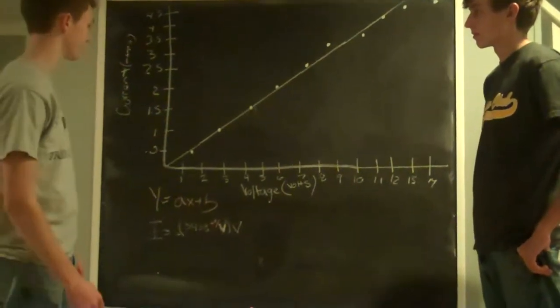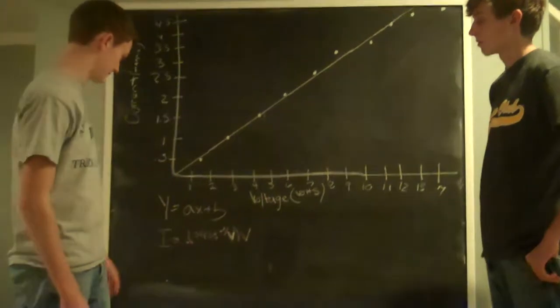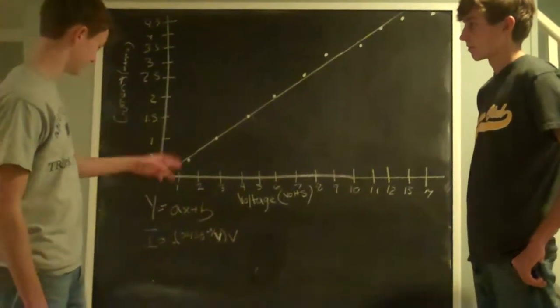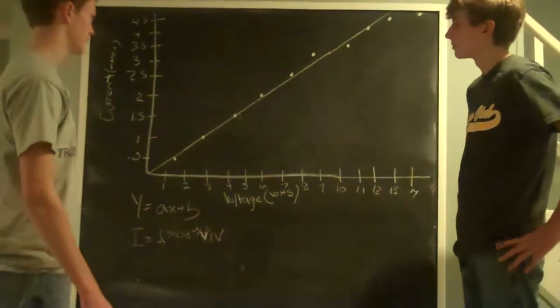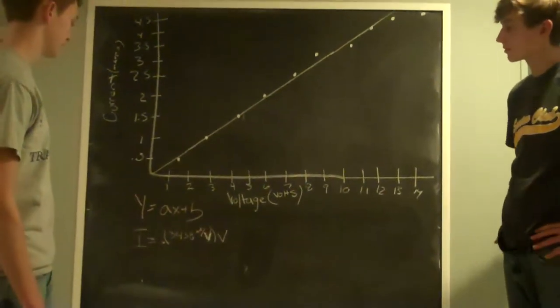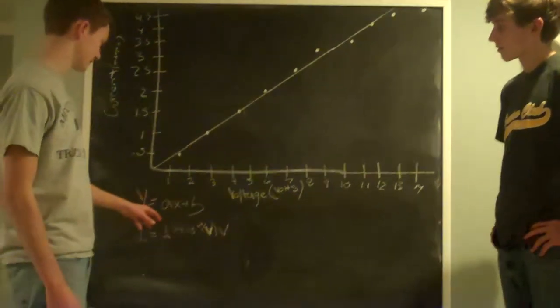This is our graph, where we did current over voltage, and here's the slope of the graph. We did the line of best fit for the data, and the mathematical model is y equals mx plus b.